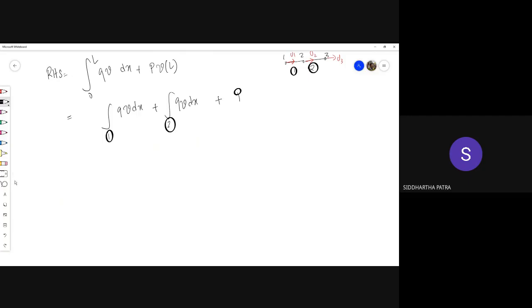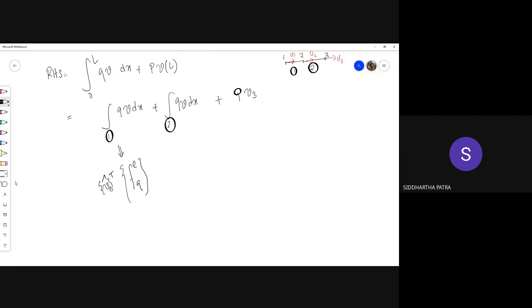So essentially, I'm talking about v3 over here. And if I integrate this one, I'm going to have v hat transpose for a given element, and then the elemental force vector due to the distributed load.